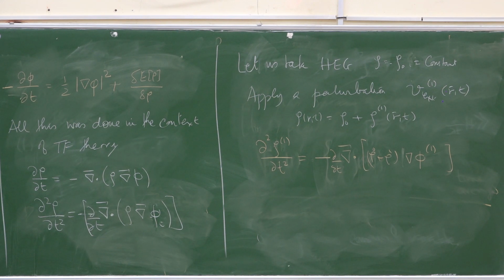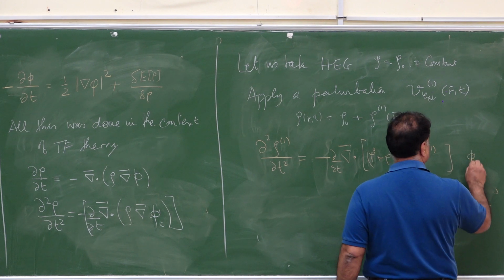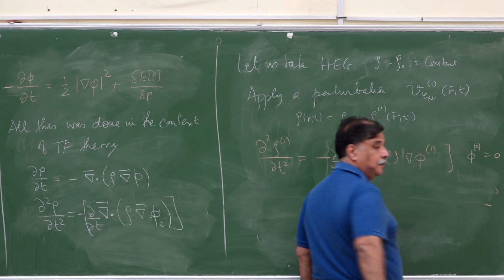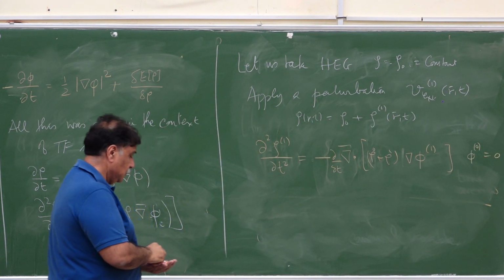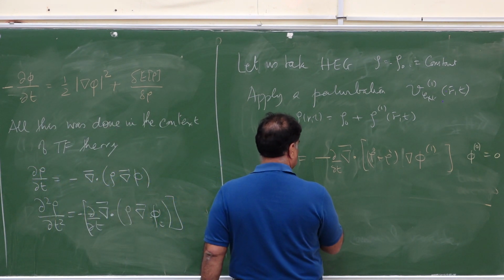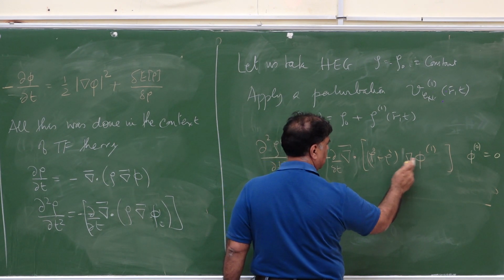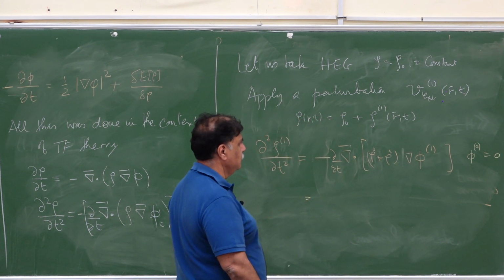Phi 0 is 0. Now, keeping only the first order terms, this is first order, rho 1, and this term doesn't contribute, right?